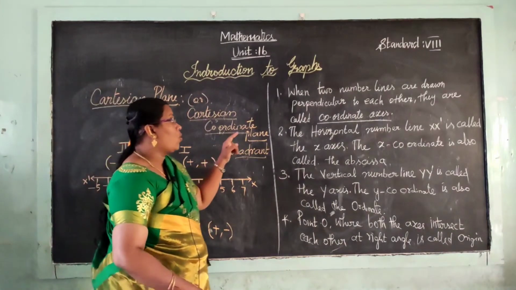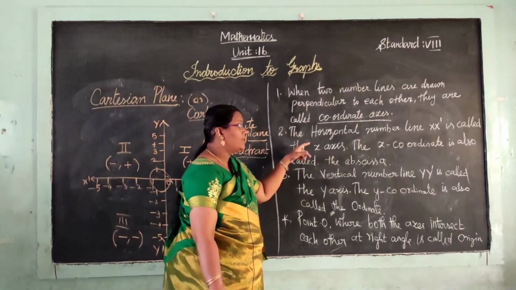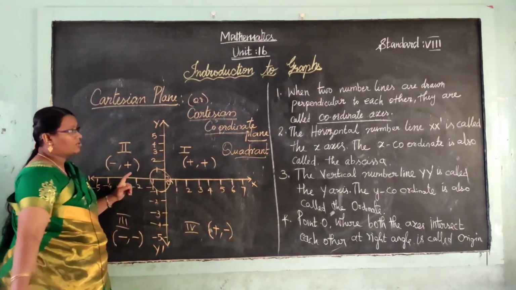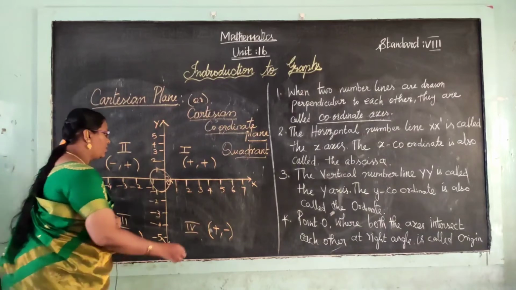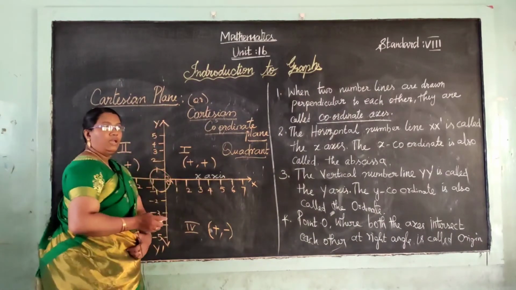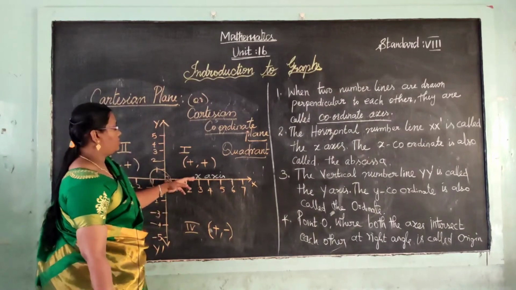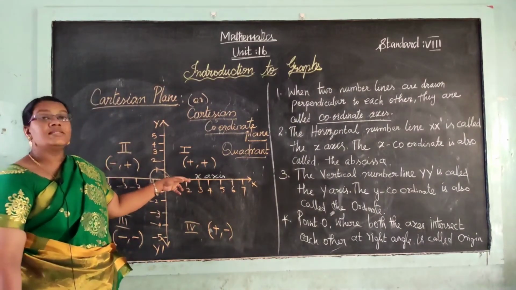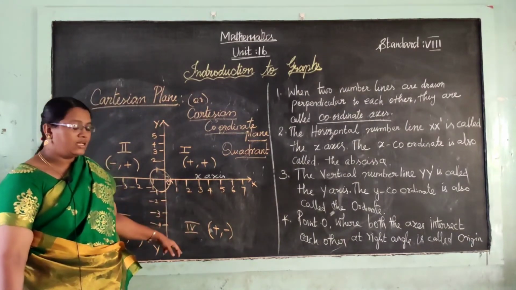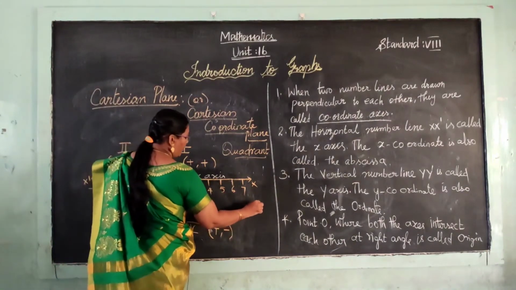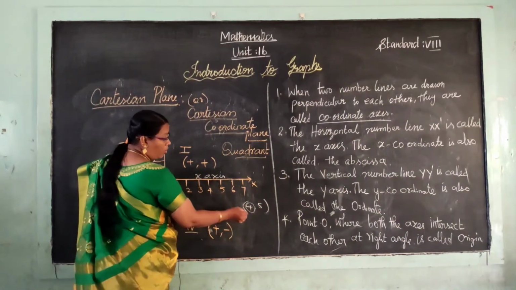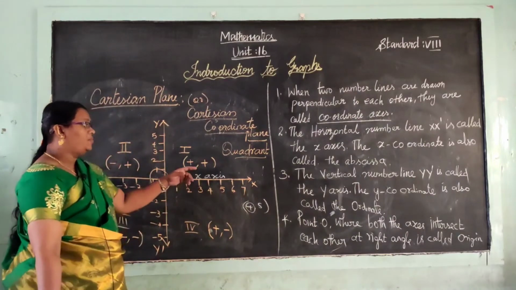The horizontal line x dash x is called the x-axis, and its coordinate is called the abscissa. For example, with 4, 5, which one is the abscissa here? 4 is the abscissa.